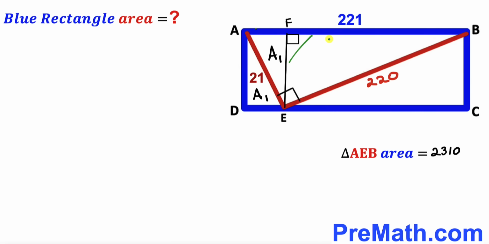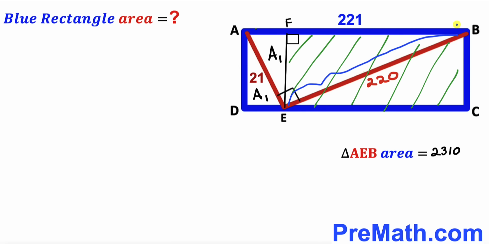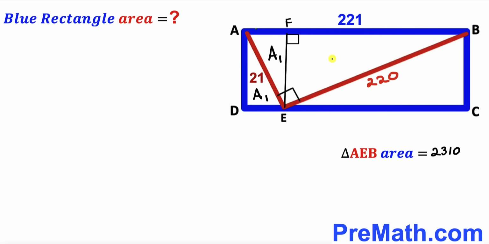Now we focus on the other rectangle FBCE, where EB is the diagonal. So the area of this triangle equals the area of that triangle. If I label the area of this triangle as A sub 2, then the area of the other triangle is A sub 2 as well.